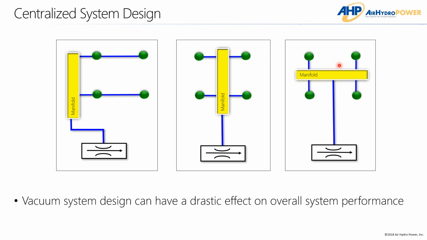And then the best case scenario for a centralized system is where you've got your vacuum coming into one source, and from there, it is the same distance to every cup in that system. But you can imagine this becomes almost impossible when you've got lots of different cups, just because of how they're laid out in the array.